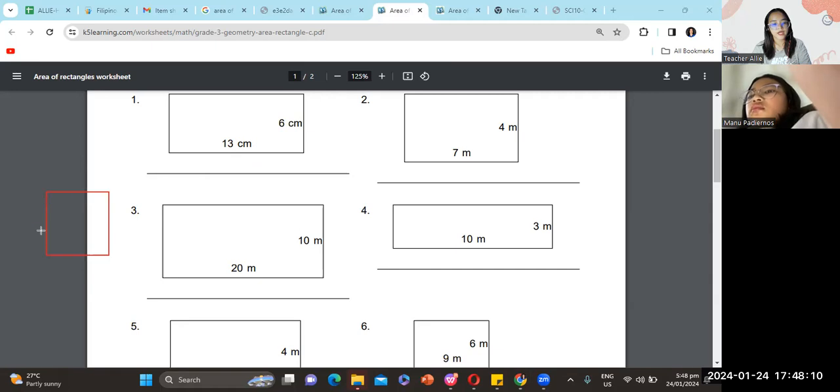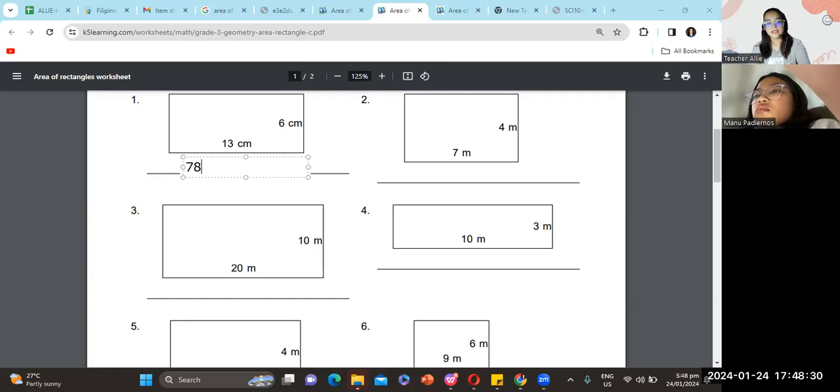What's the area of the rectangle in number 1? 78 centimeters. Do you want to add more? No. 78 cm, but don't forget about the squared.